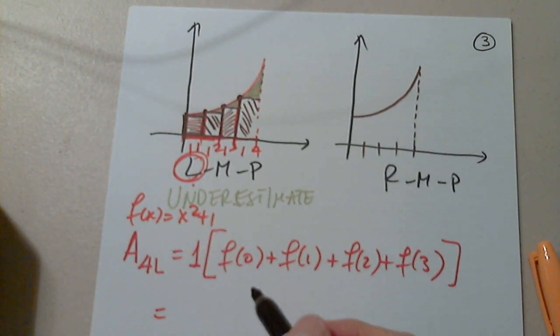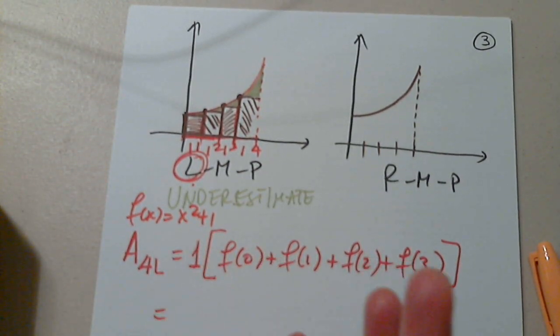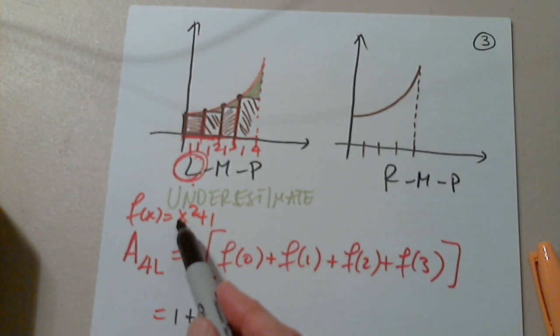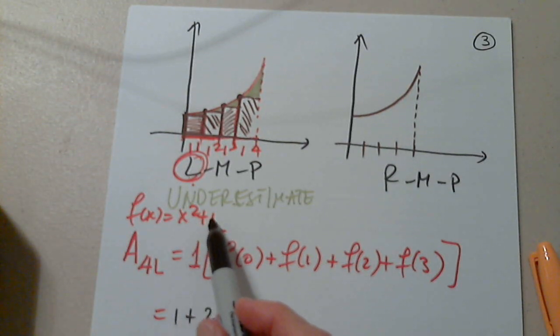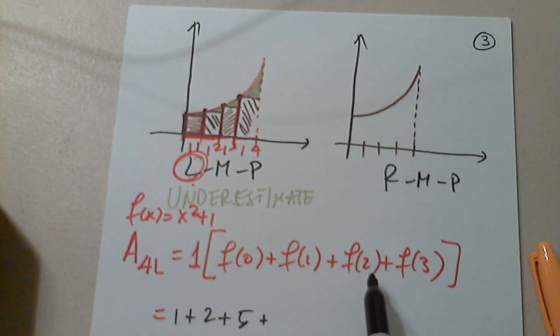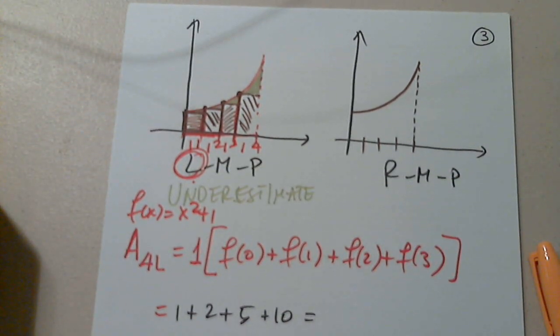Okay. So f of 0 is 0 plus 1, so there is no point in writing the 1 in front. It's 1. Plus f of 1, 1 plus 1, 2, plus f of 2, 2 times 2 is 4, plus 1 is 5, plus f of 3, 9 plus 1 is 10. So 10 plus 8.